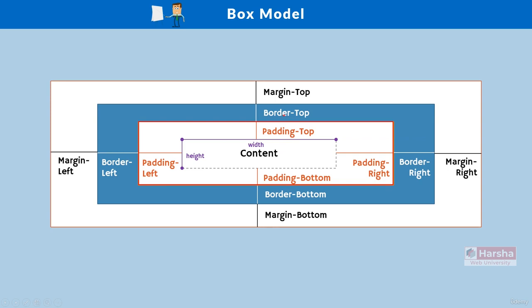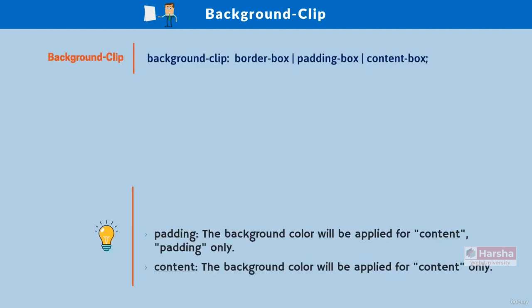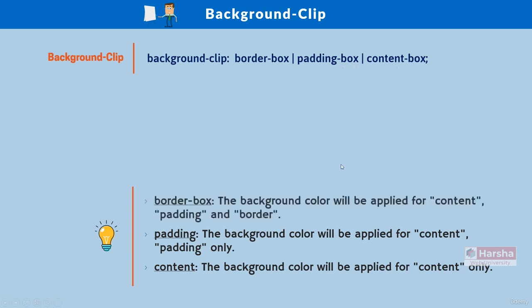Now, I wish to apply background color or background image only for the content box, but not for padding, border, and margin. Then you need to set background-clip as content-box. This is how you understand border box, padding box, and content box.